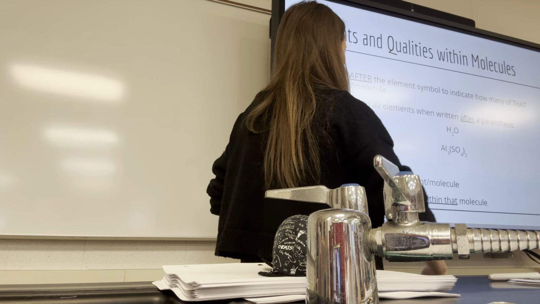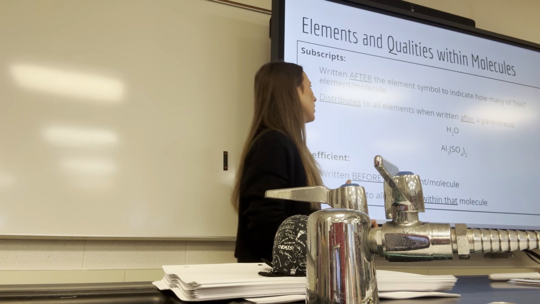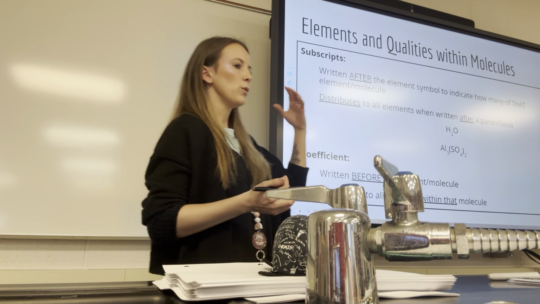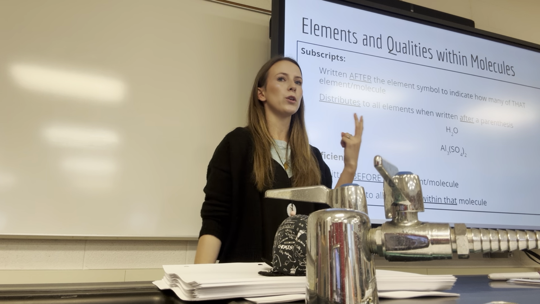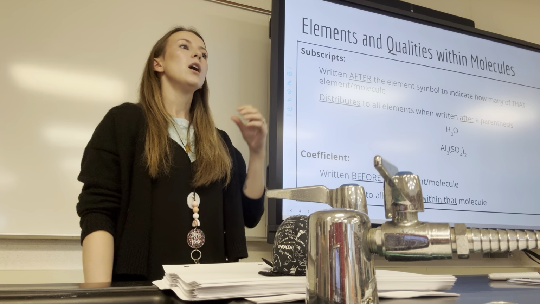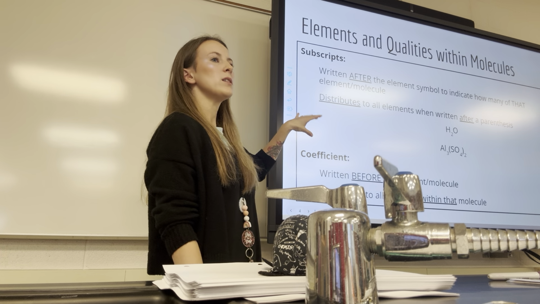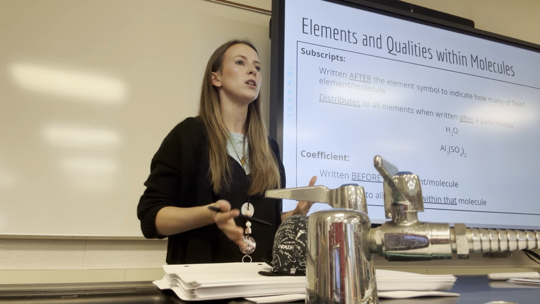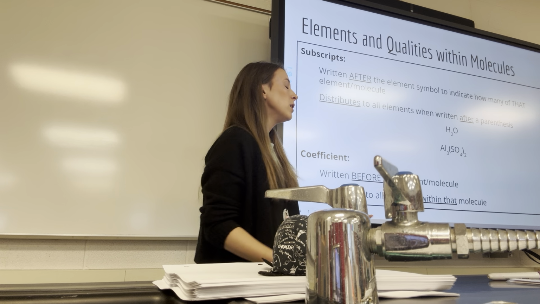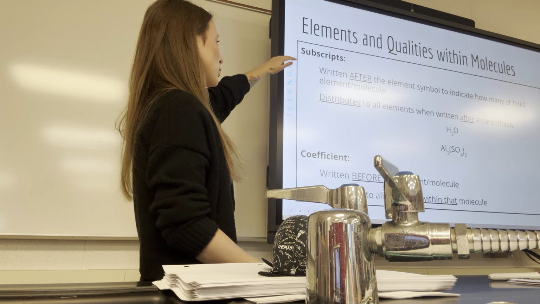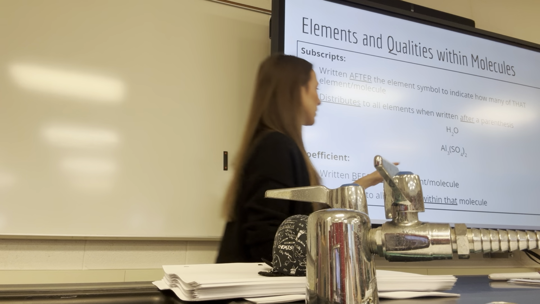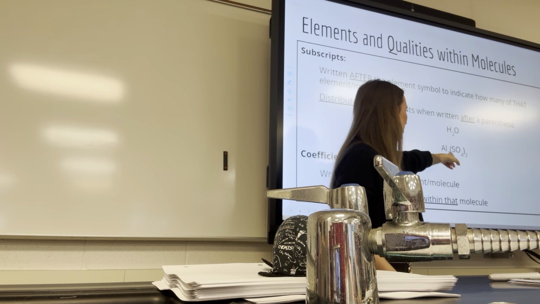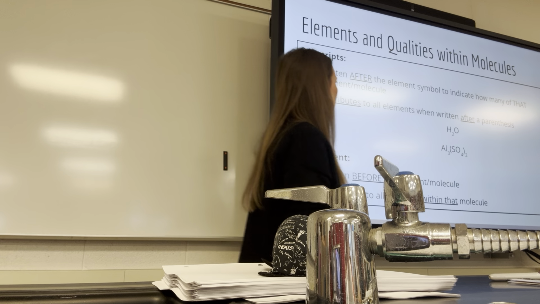Okay. So when we're talking about our qualities between elements within molecules, there's two important things that we're going to talk about here. We're going to get into more detail with this in later units, but right now we just want it to be in your head so that if you see it, you understand what it is. So we're talking about subscripts. Subscripts are the little tiny number that's written below.